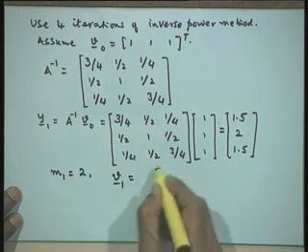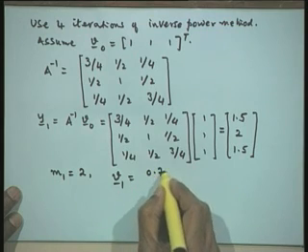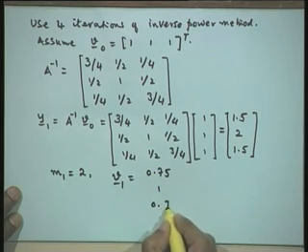Therefore, V 1 is 1.5 by 2, that is 0.75, 1, 0.75.